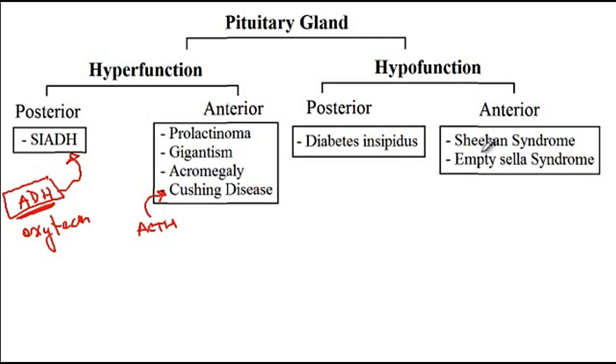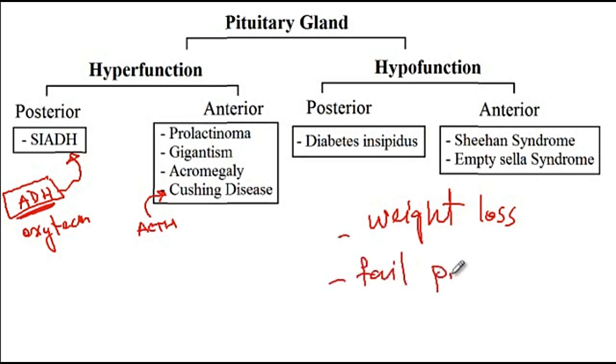So their pituitary cells will die. And so patients, due to the dysfunction of the pituitary gland, present with weight loss. And since there is now a low level of prolactin, they would also fail to produce milk for a few days that can be extended even up to a few weeks.